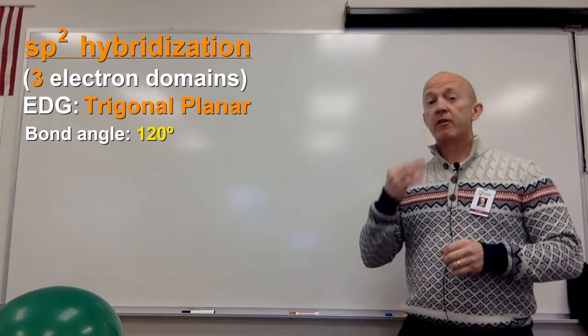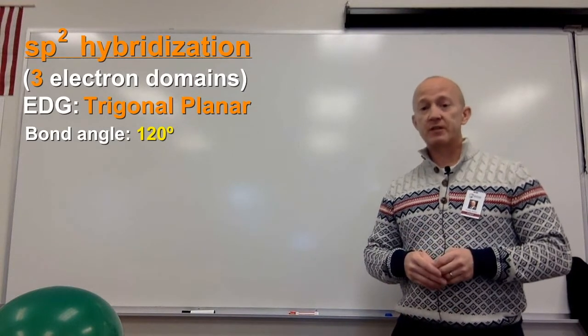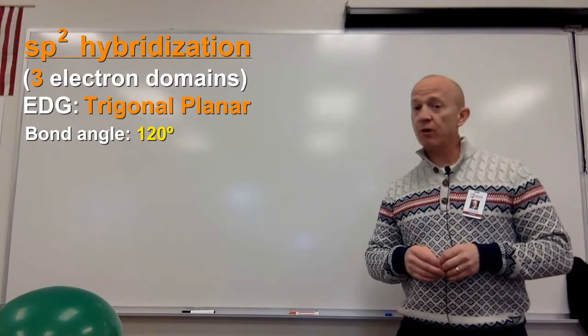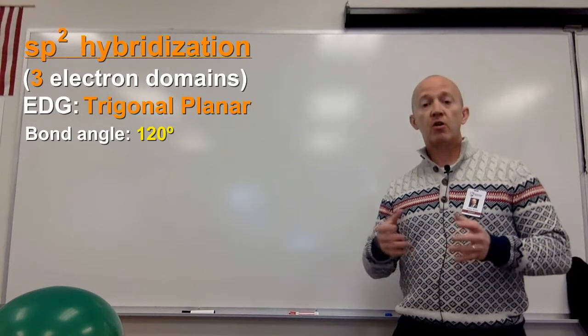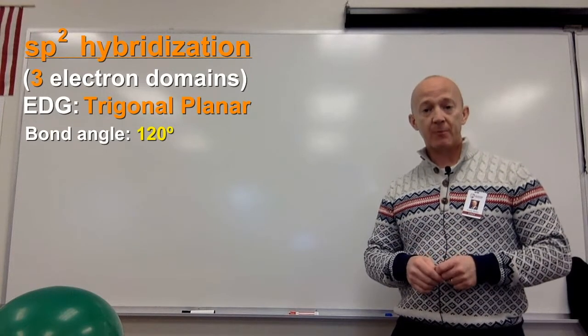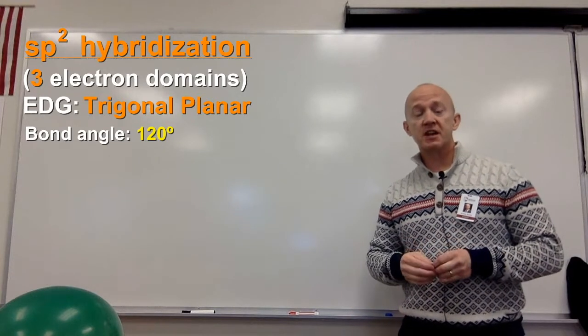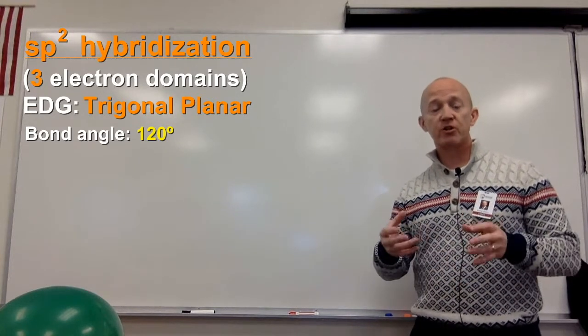So whenever we have 3 regions of electron density around an atom, even if one of those densities is a double bond, we call that sp2 hybridization. And sp2 hybridization is characterized by that trigonal planar shape.